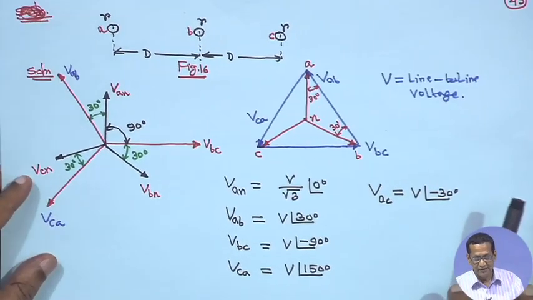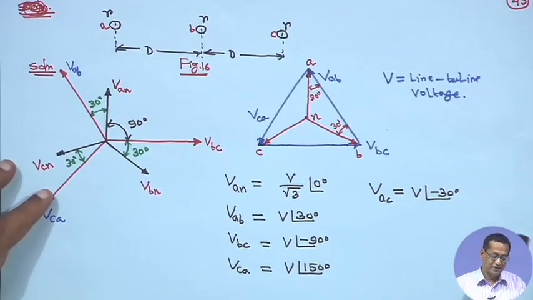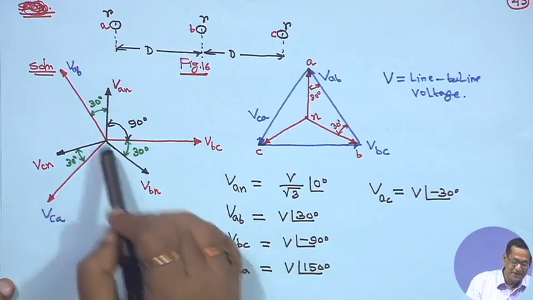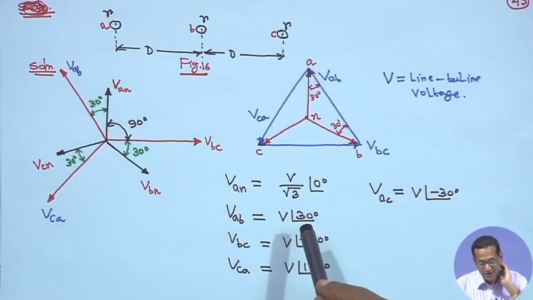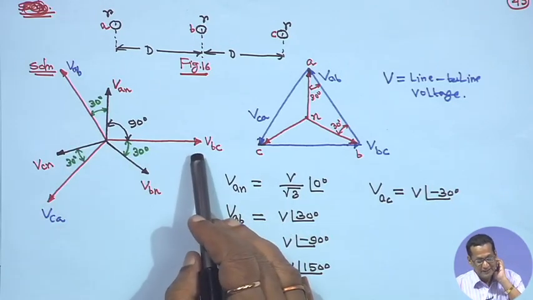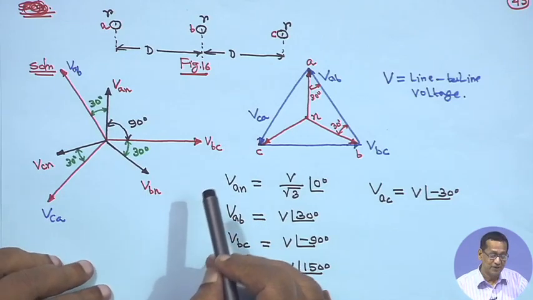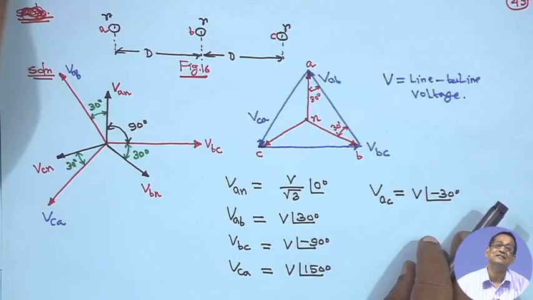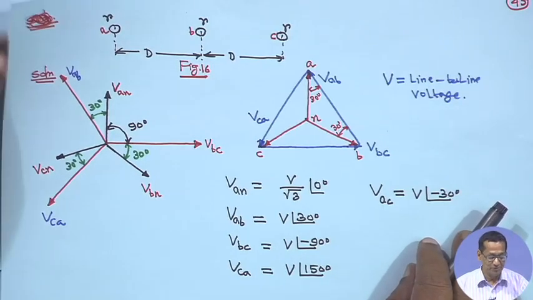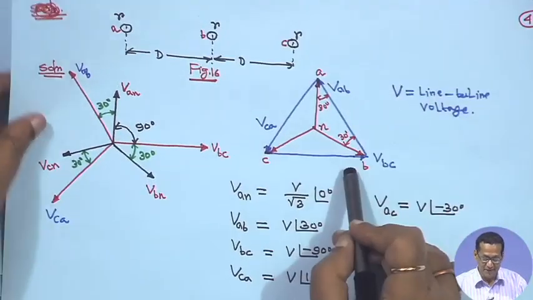So, earlier you have seen VBC, VCA and VAB, right, the line to line voltages. When we proved that VAB plus VAC is equal to 3 VAN, at that time we saw the same diagram.